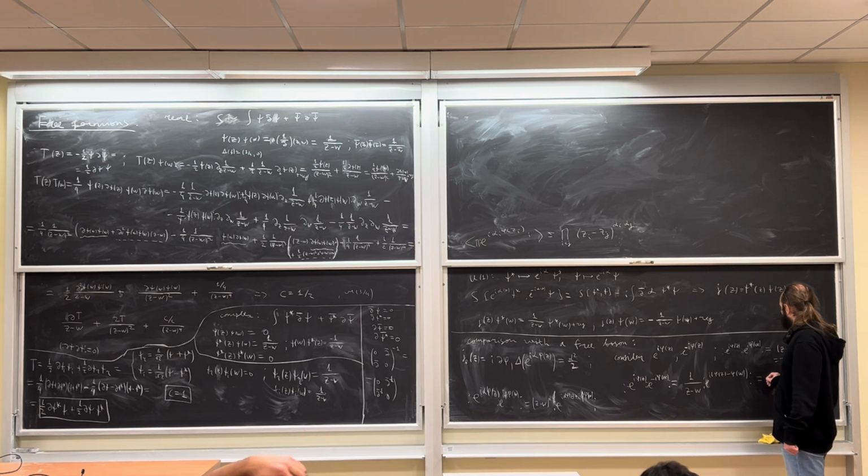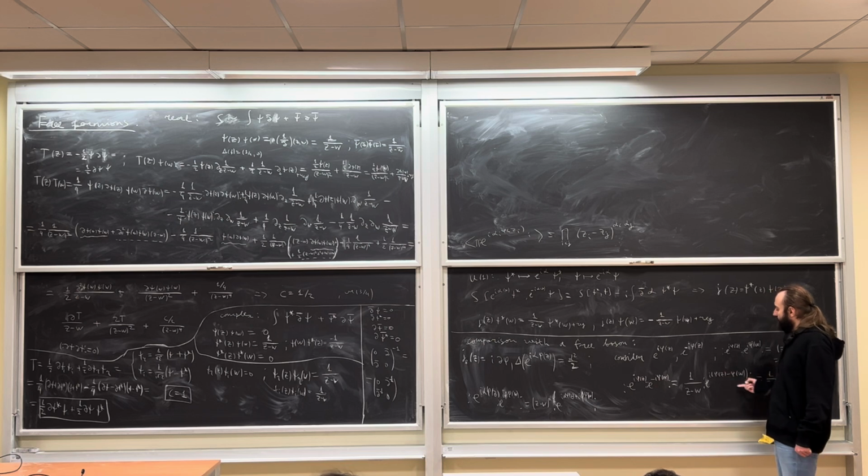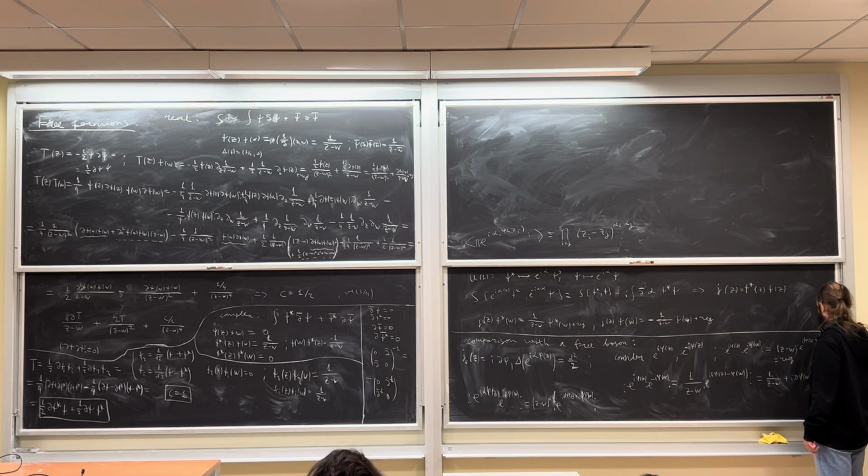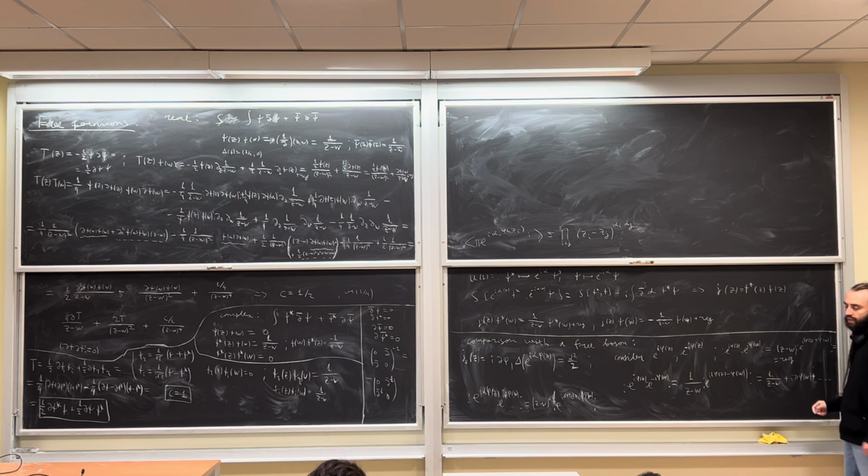So it is 1 over z minus w plus, we need to expand this as a Taylor series around w. And the first term of this expansion will give I d phi of w plus everything else.